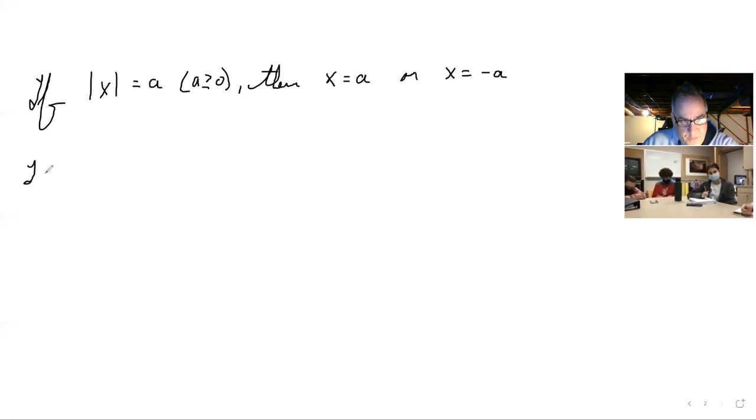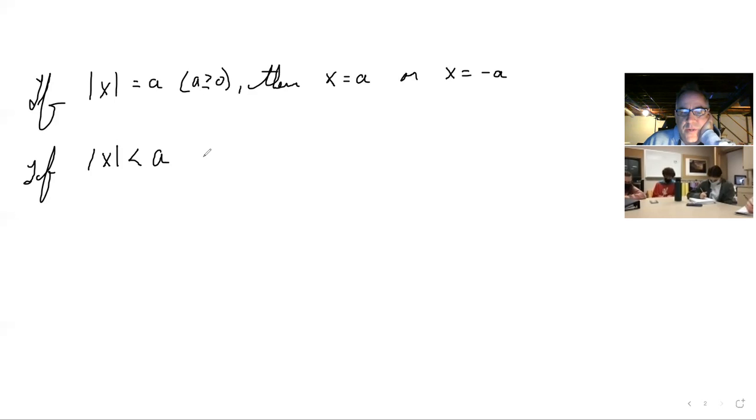And hopefully I'll have time to work a few. Then we could have an inequality. So it's going to be the same deal. Isolate the absolute value, and we'll say less than some number. Now this time I'm not going to stipulate. I only stipulated A greater than 0 there because if it's not, the equation has no solution. Here I'm not going to really stipulate this.